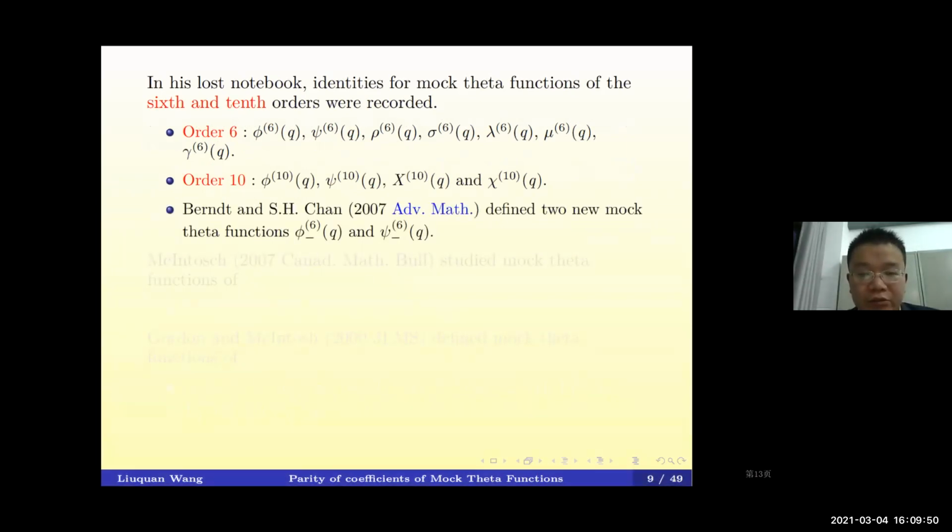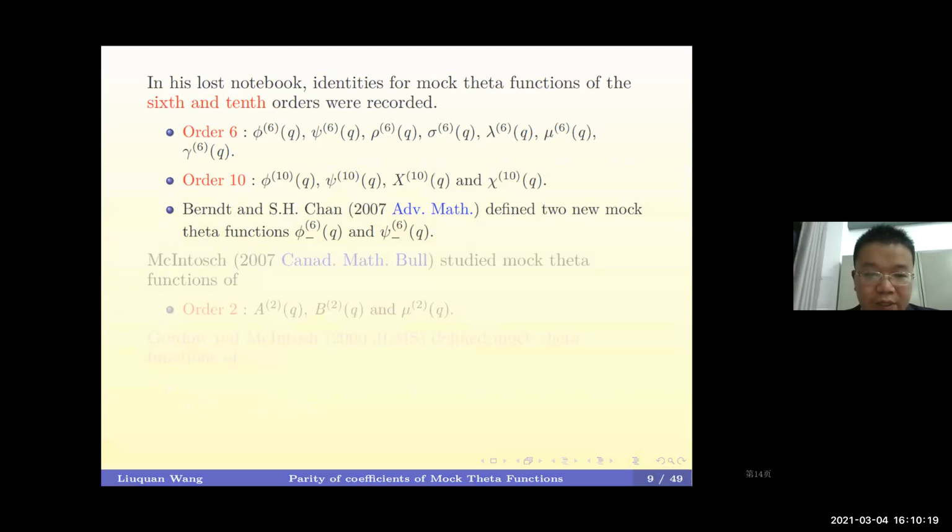In 2007, Bruce Berndt and Song Heng Chan defined 2 new sets of mock theta functions, phi minus and psi minus. Phi minus and psi minus actually come from the original phi and psi, the original mock theta functions of order 6, and they just extracted part of the sums from the definition.